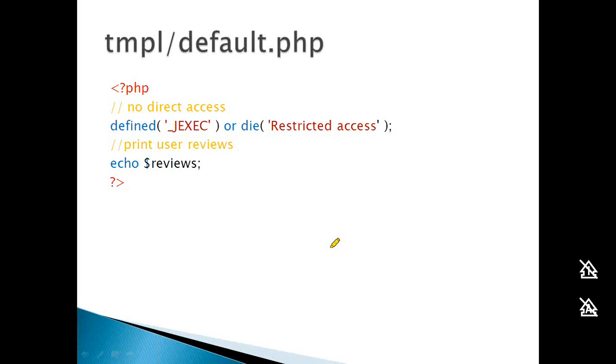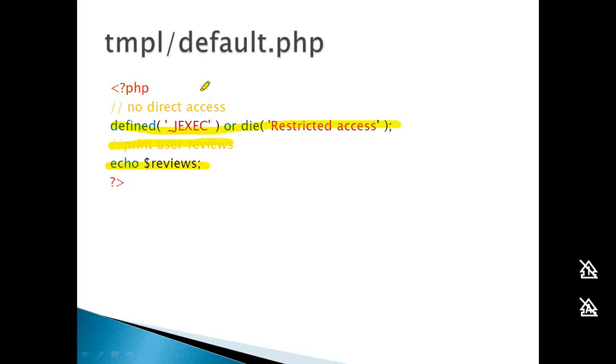Then inside the template folder, which is the TMPL folder, we have a file called default.php. You already know that this particular line is used to prevent the direct access of the page, and then we are printing the user reviews. Here we are printing the user reviews, echo $reviews.